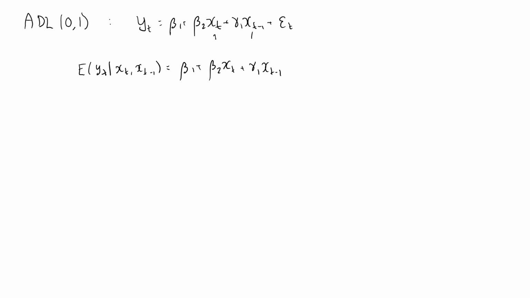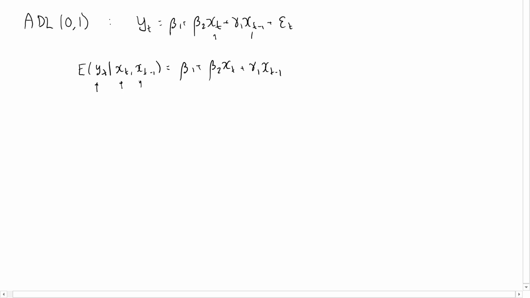As a simple example, suppose that yt is the revenue of a firm at time t. xt is the amount that we spend on marketing this week, and xt minus 1 is the amount that we spent last week.